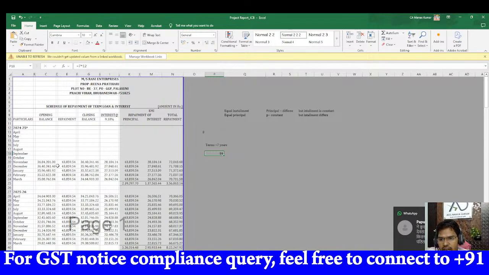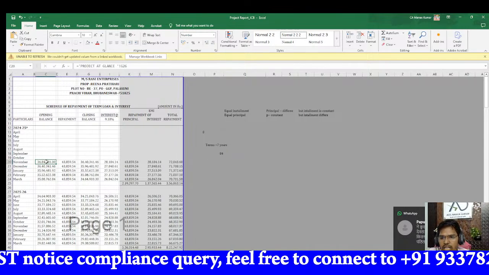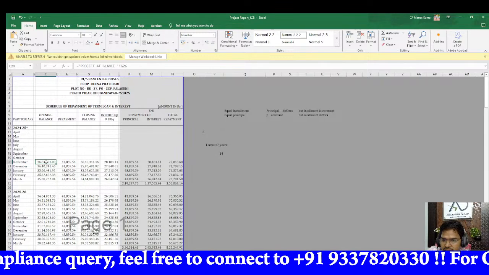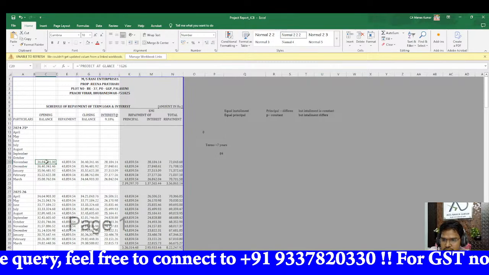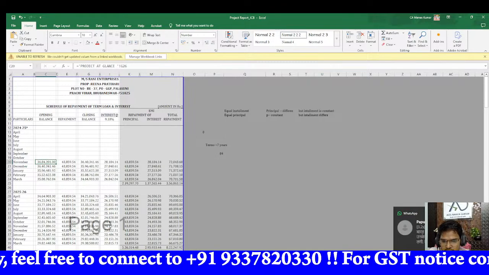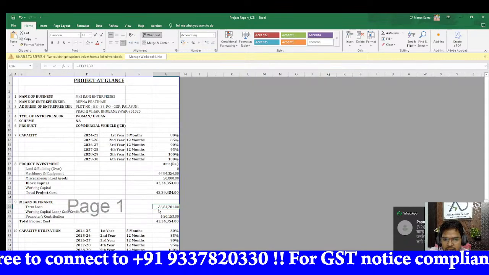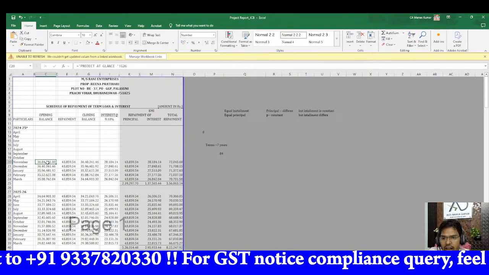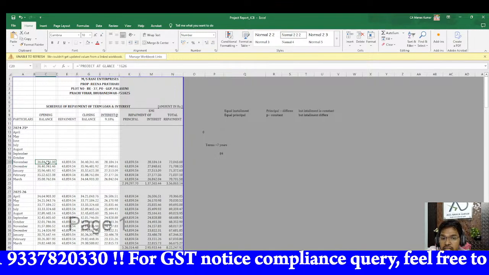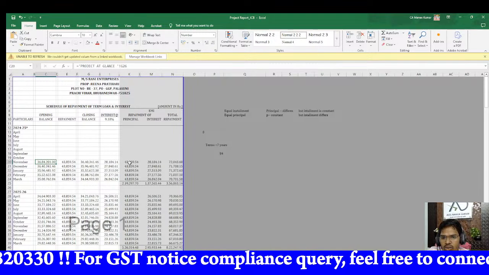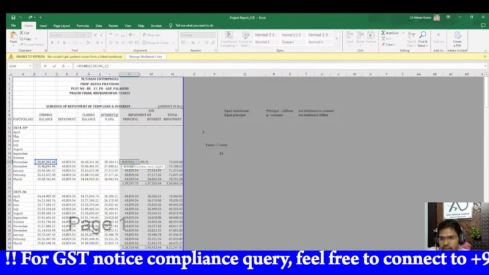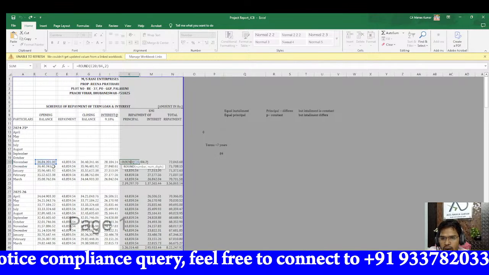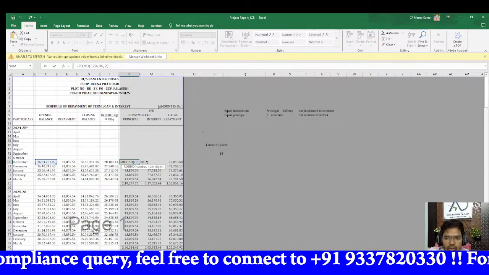So you can check here my opening balance. Opening balance means the portion of the term loan that has been linked for my project, that is the project at a glance. You can check here 36,84,201 that has been linked. I have to divide by 84 installments. 36,84,201 divided by 84.